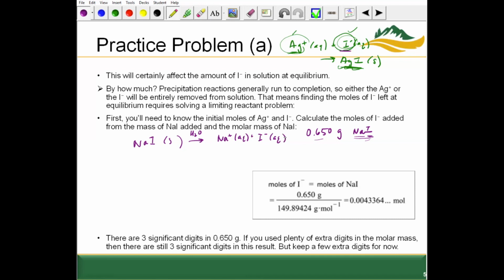Now this is already balanced because, again, these subscripts are 1 and 1, so we don't need to change these molar coefficients here. So this is NaI solid goes on to produce 1 mole of Na plus and 1 mole of I minus anions and cations. So this is all 1 to 1 to 1 mole ratio.